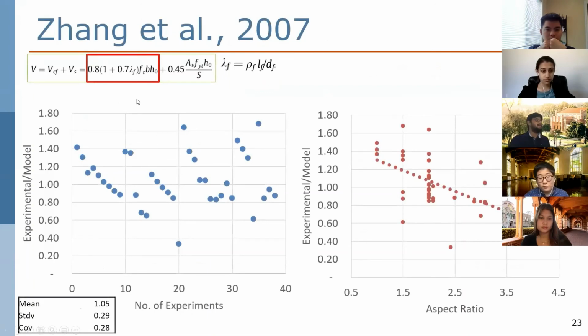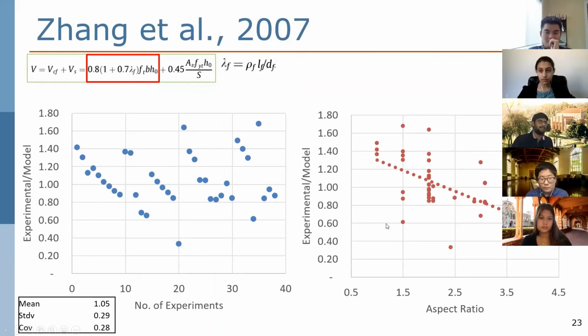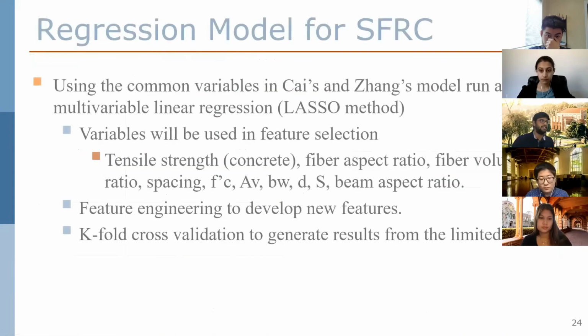Next, I checked Zhang's model, and again, the lambda f was including the volumetric ratio and the aspect ratio, but you can see the equation was not able to take into account the aspect ratio, and we have a trend going downwards as the aspect ratio increases. So this is something to account for when I thought of doing the regression.